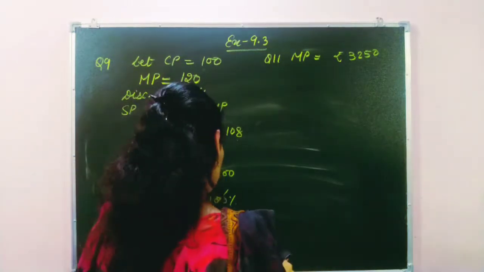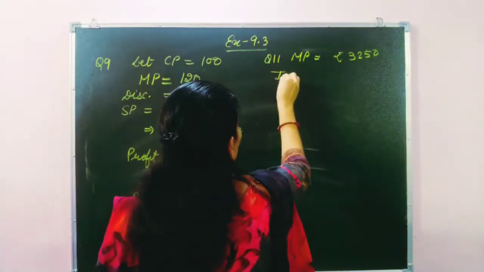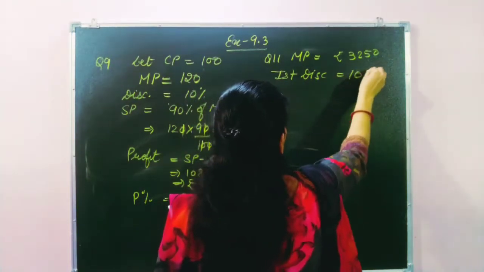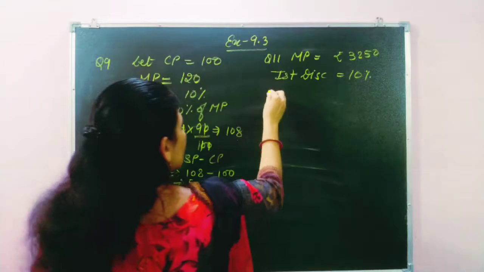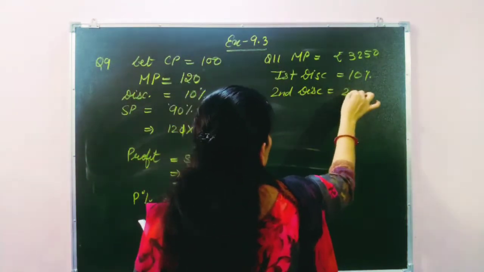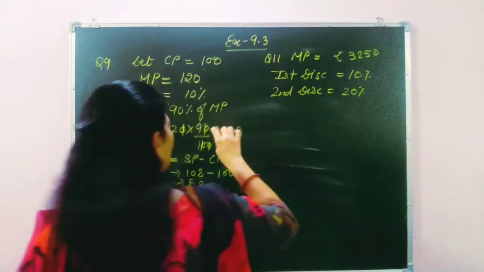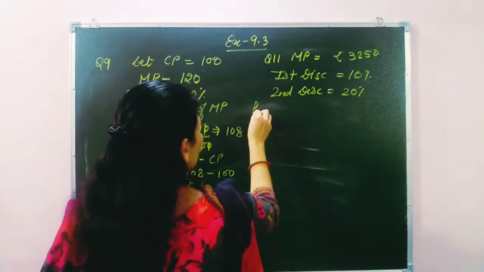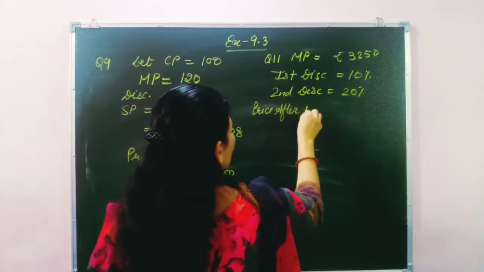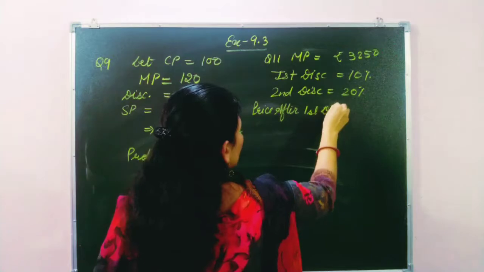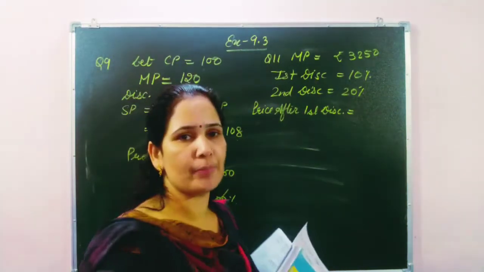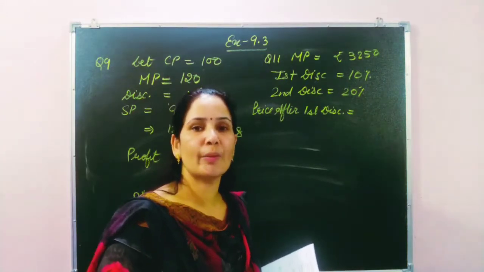The first discount is 10%, and the second discount given by the dealer is 20%. First we find the price after the first discount. The first discount is 10%, 100 minus 10, that means 90%.